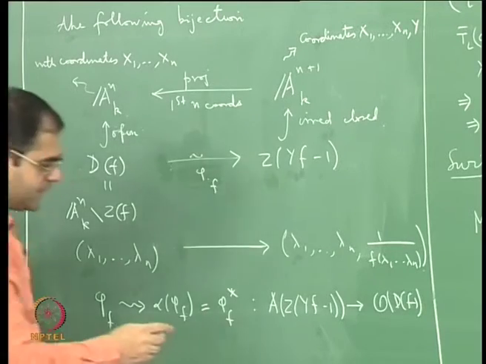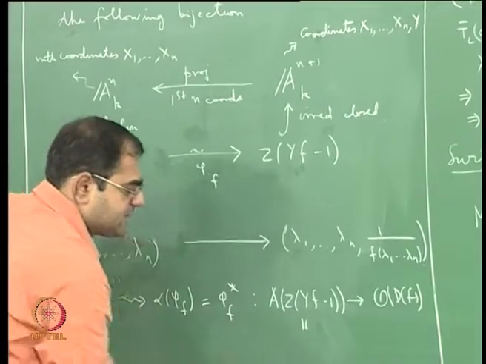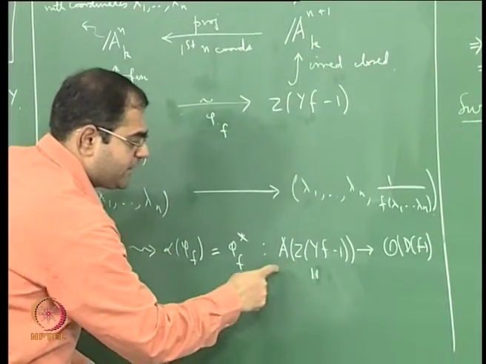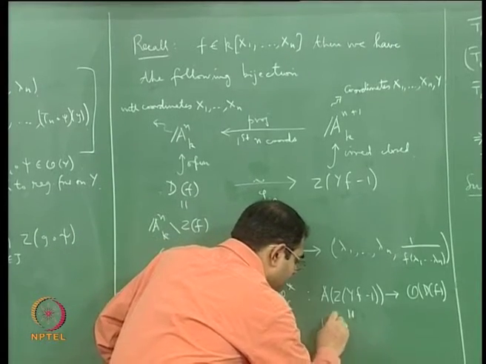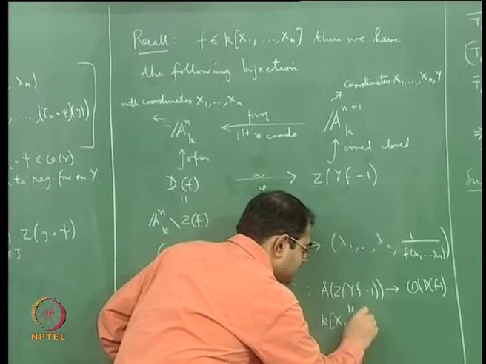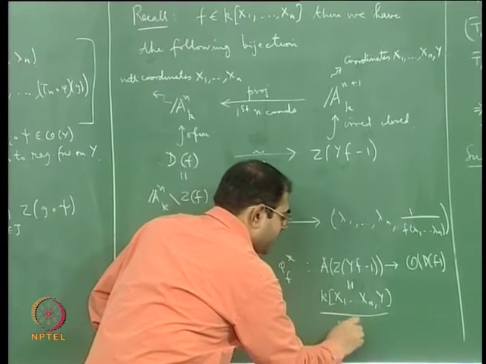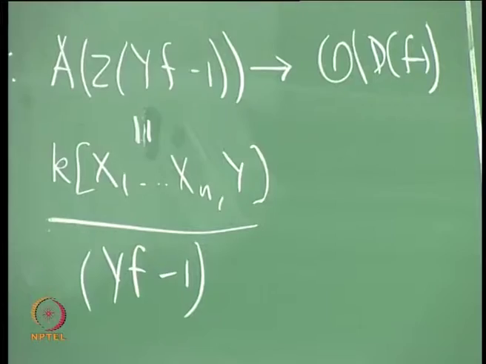And see this coordinate ring, the ring of functions, is given by simply k of x1 through xn comma y divided by yf minus 1. This is what it is. This is the ring of functions on that irreducible closed subset.